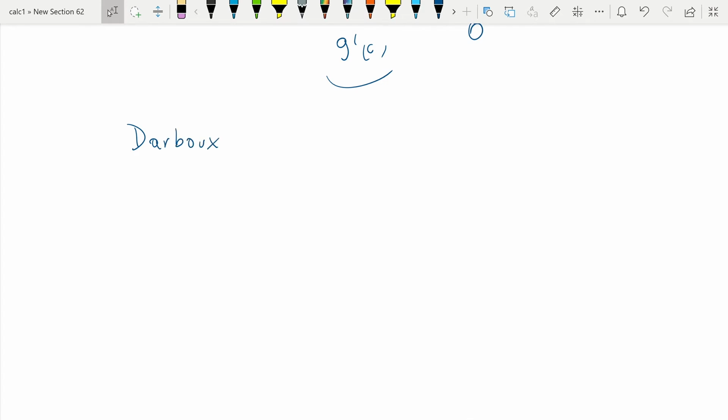And all those proofs that you got in Calc 1, if you look at the book, can all be extended the same way. We're just lacking a few things for the proof to be rigorous.